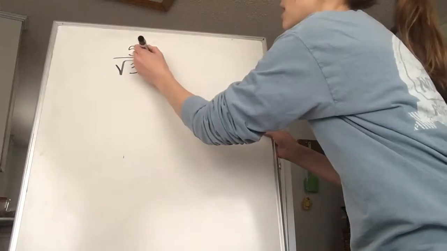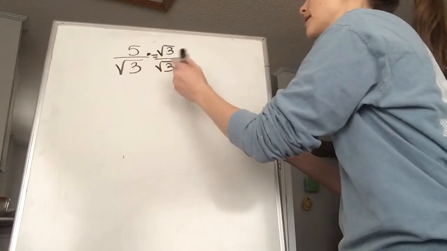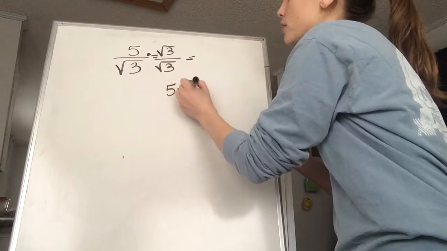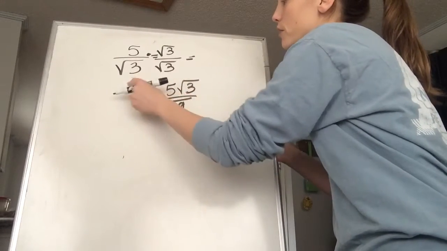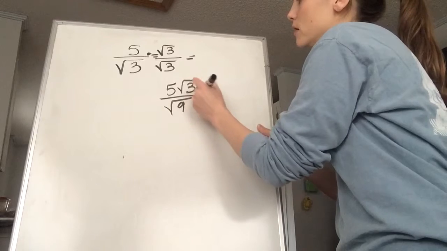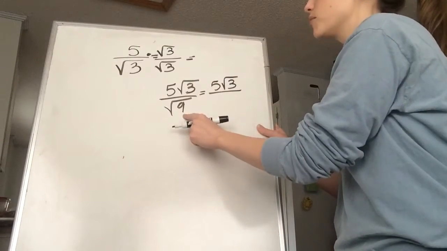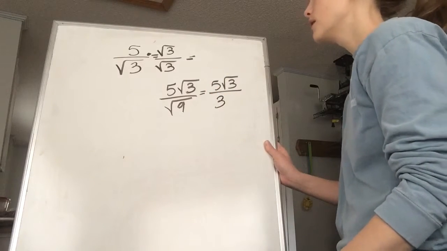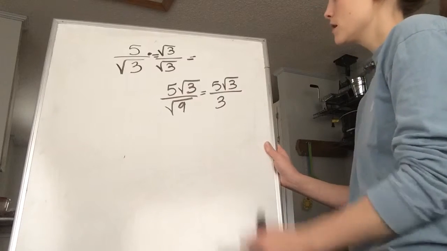So we're going to multiply the numerator and the denominator by the same thing. And then this gives us 5 times the square root of 3 all over square root of 9, because the square root of 3 times the square root of 3 is square root of 9. And the square root of 9 simplifies to 3 because it's a perfect square. Then we're left with 5 times the square root of 3 over 3.